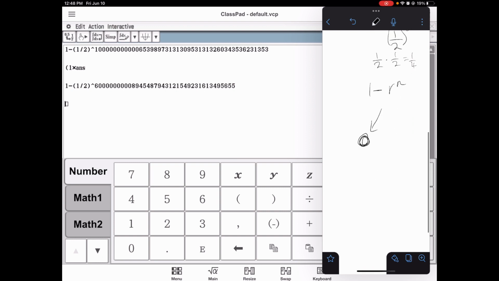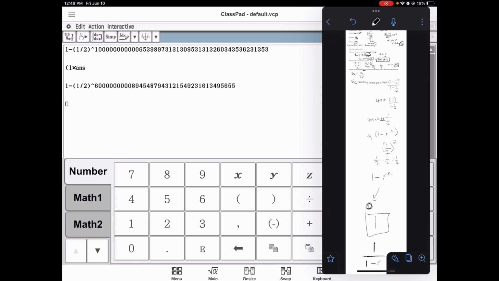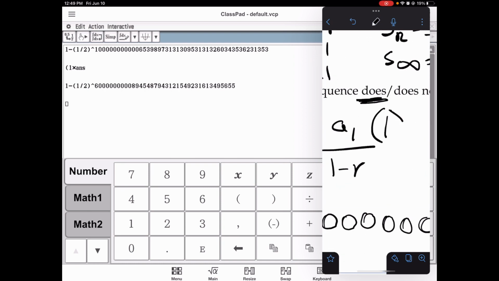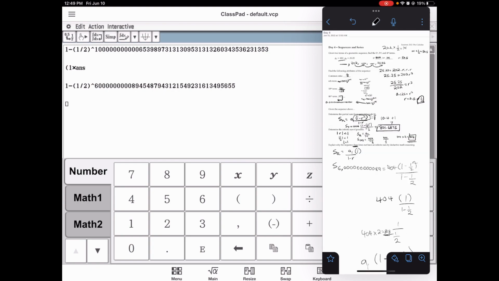If it goes closer and closer to 0, what in the end should happen is that we get 1 on the top, and our denominator is still a fraction, meaning we can actually determine this, because we'll always get 1 on the top. So you see how this simplifies out to 1 if we plug in a very large number. So a1 times 1 is just a1 over 1 minus r, meaning we can get our infinite sum.